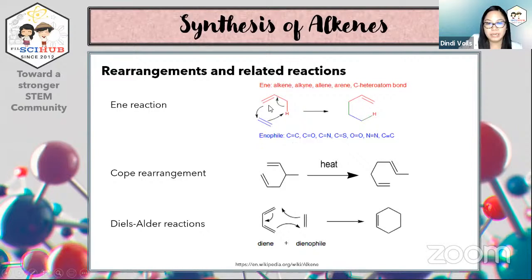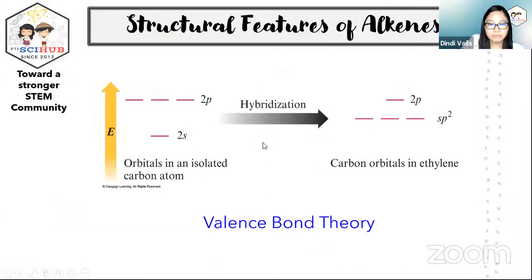You will understand why these bonds actually rearrange when Dr. Bunquin talks about reaction mechanisms in a little bit. You have the Cope rearrangement and Diels-Alder reactions. Again, if you're an aspiring chemistry major, you will learn this over, I think, two semesters of organic chemistry for chemistry majors, and instrumentation for organic chemistry is a third course. So that's it for the synthesis.